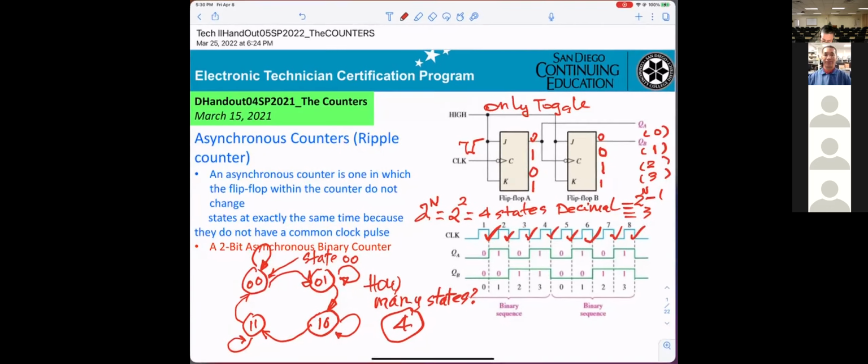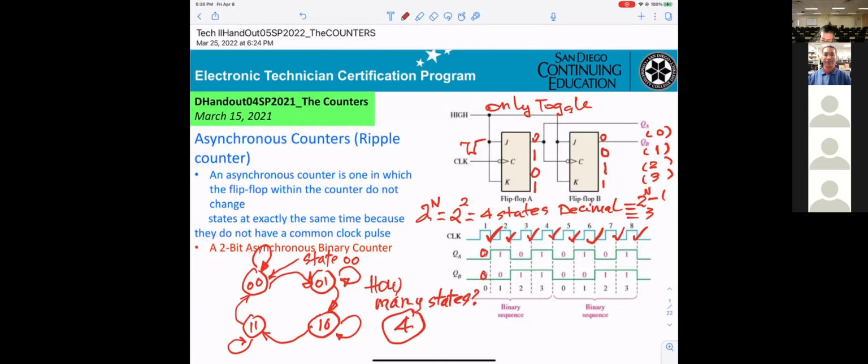So the first one, you get a 0, 0. When you apply the clock, they go to the next will be 0, 1. Okay, when you get another clock, they will be go 1, 0, and so on. So you get 2 ways to testing this counter.